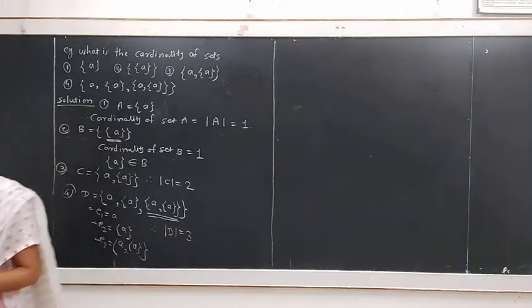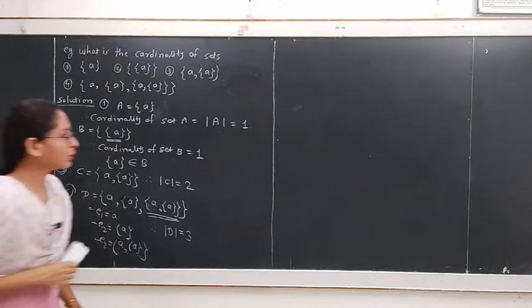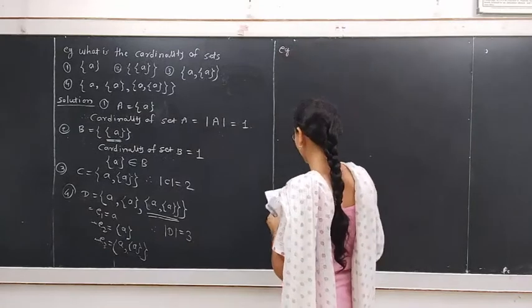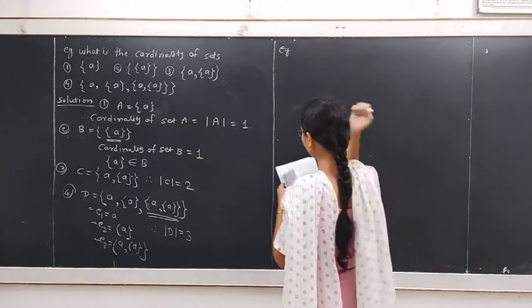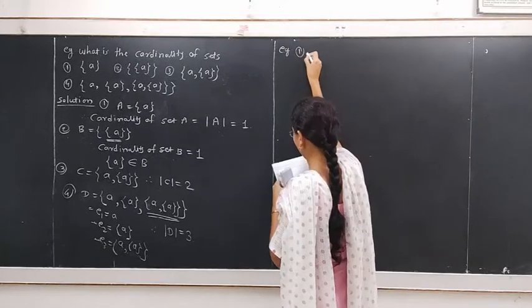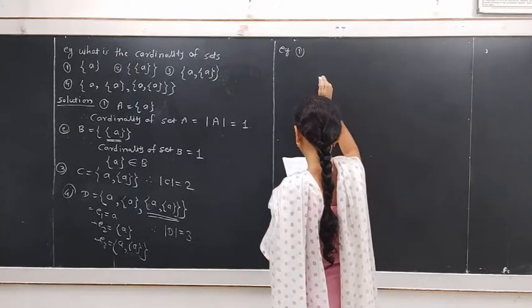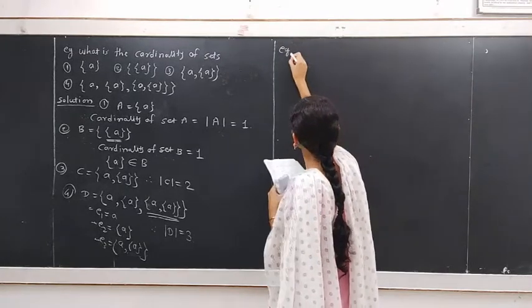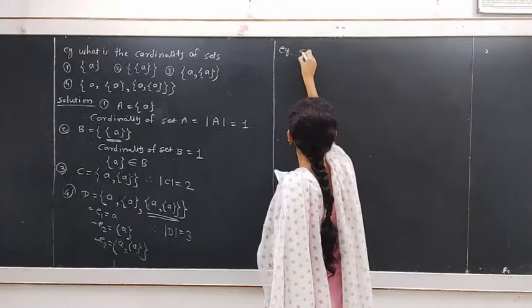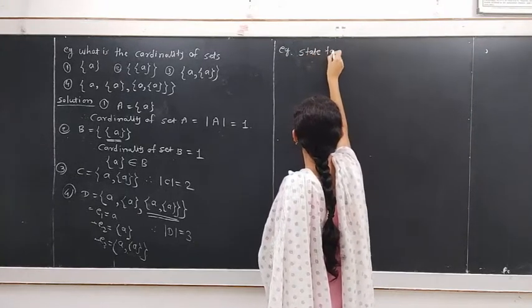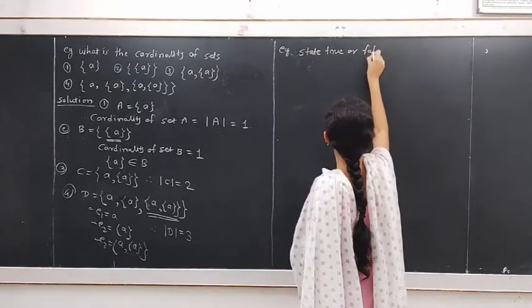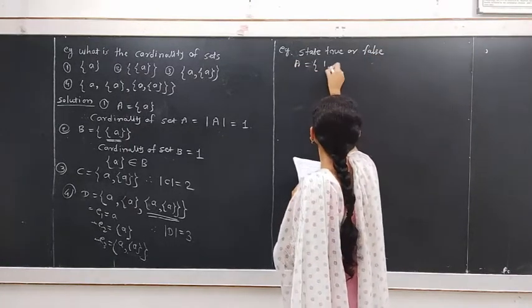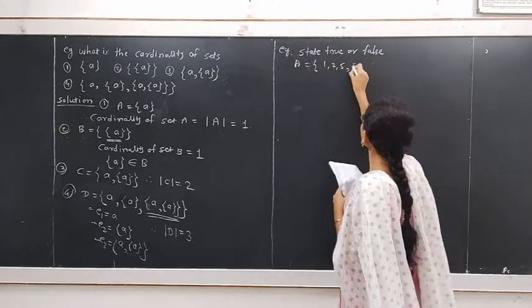Now we go to the next example. State true or false. If A set is given as 1, 2, 5, 8, 11.